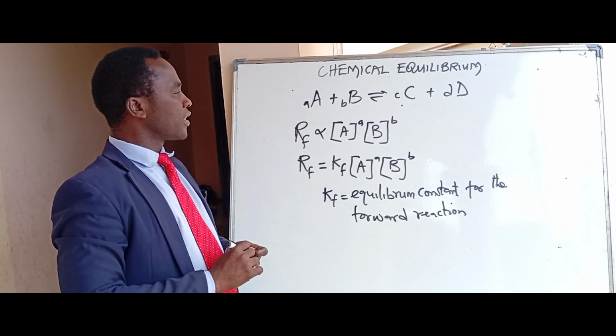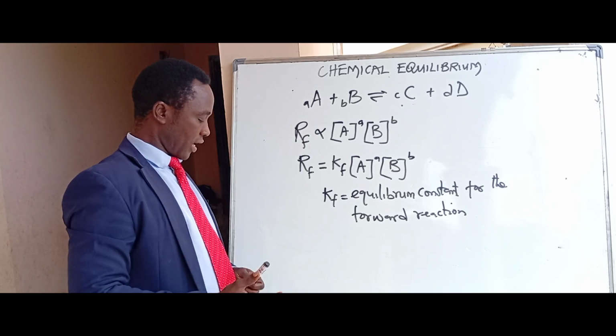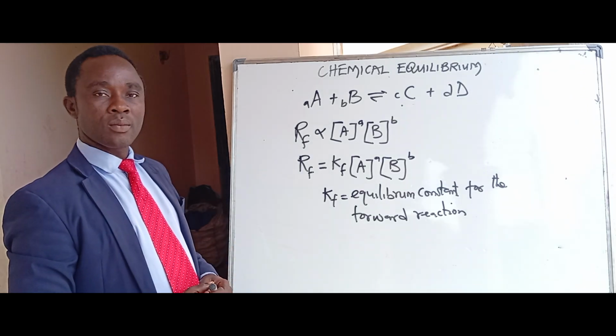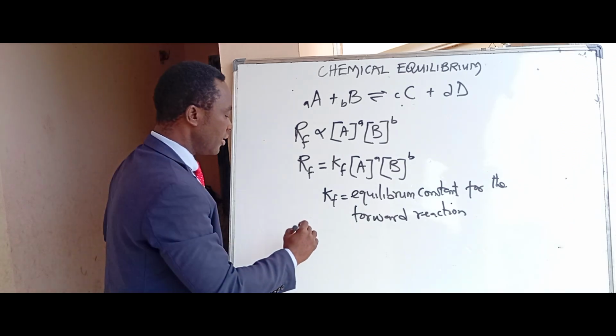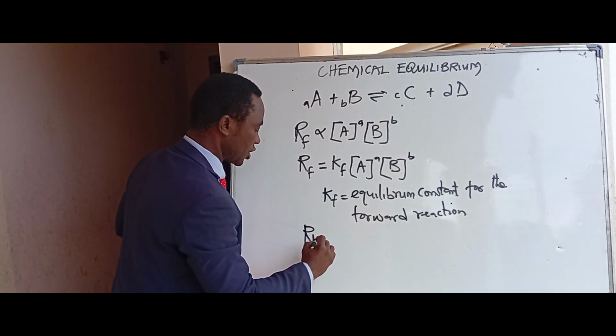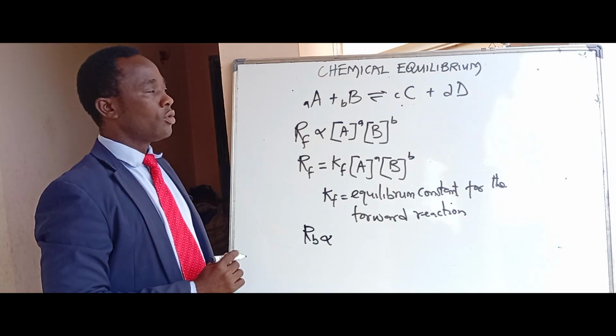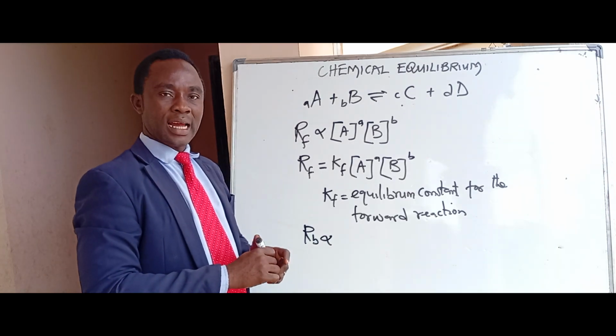Now we can do the same thing for the backward reaction. For the backward reaction, the rate for the backward reaction will be proportional to the concentration of the reactant.